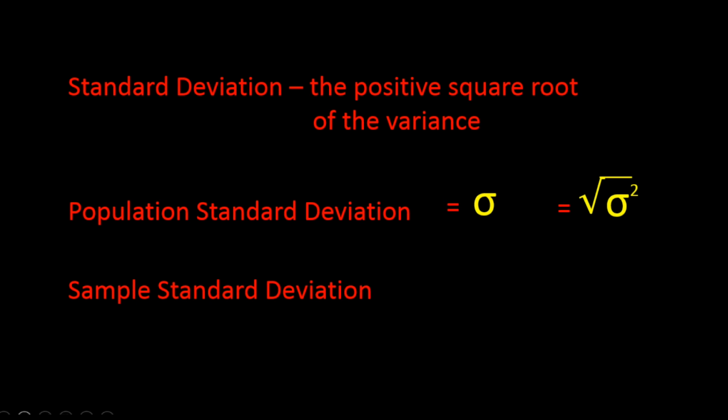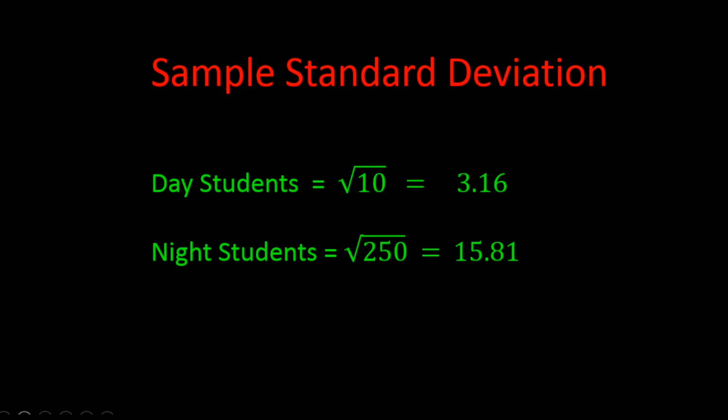For the sample standard deviation, we use the symbol S, and it is calculated as the square root of the sample variance, S squared. So for our day students, the sample variance was calculated as 10, and the standard deviation would be 3.16. For the night students, the sample variance was calculated as 250, so the standard deviation would be 15.81.